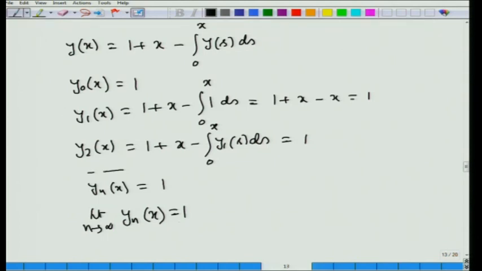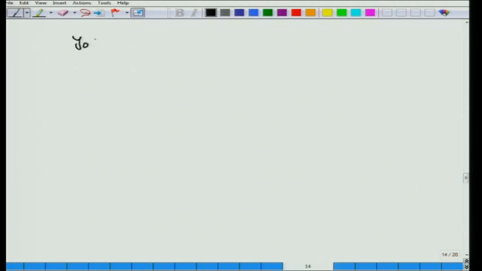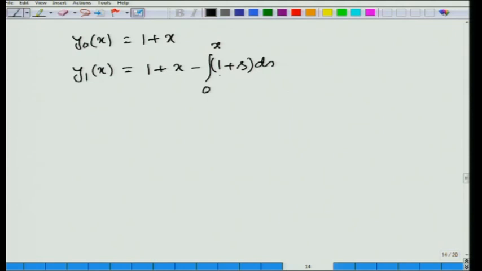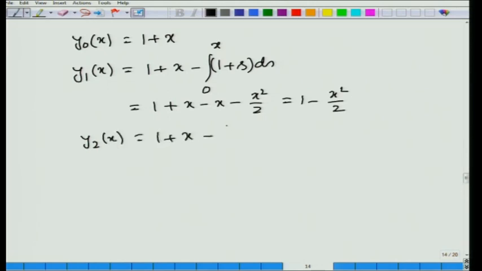Now, if you solve this problem with the assumption y₀(x) = f(x), that means 1 + x, then at every step you will have some additional term. y₁(x) is equal to 1 + x − ∫₀ˣ (1 + s) ds, because this 1 + s is your y₀(s), and after integration it gives 1 + x − x − x²/2, so this is equal to 1 − x²/2. Similarly, y₂(x) will be 1 + x − ∫₀ˣ (1 − s²/2) ds.